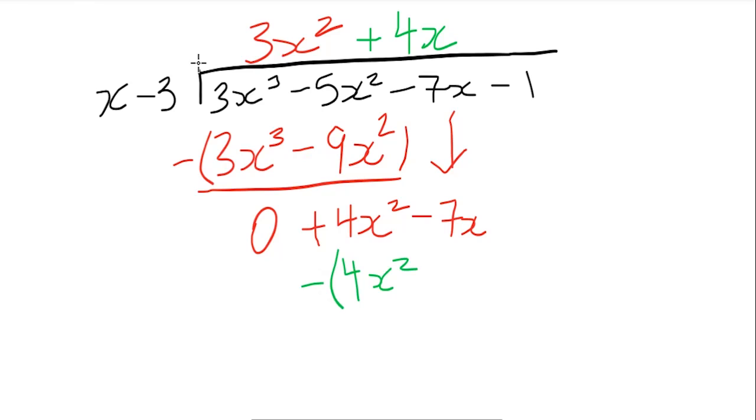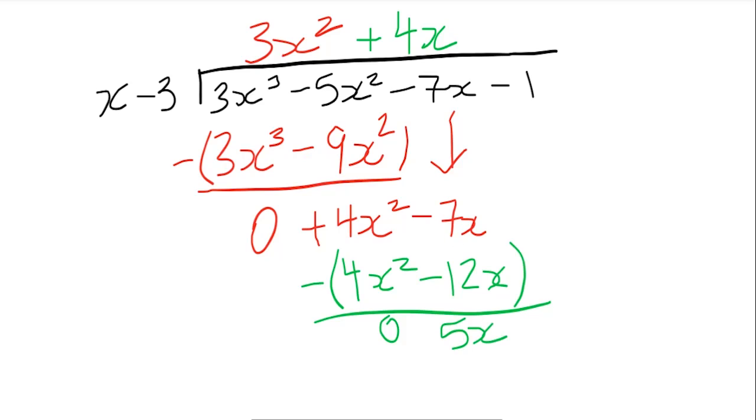And remember, we have the second term, so negative 3 times 4 is negative 12x over here. All right, so we do that. We had 4x squared minus 4x squared, which is 0. You get negative 7x minus 12x, so negative 7x plus 12x, which gives you positive 5x. So let me just write plus here, and you're going to bring this down.